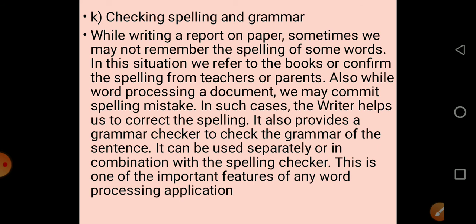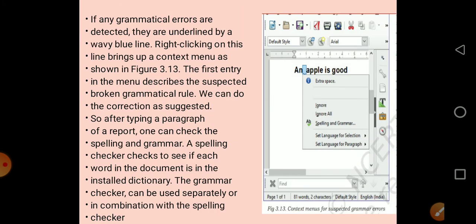While writing a report on paper, sometimes we may not remember the spelling of some words. We may commit some spelling mistakes. In such cases, the writer helps us to correct the spelling. It also provides a grammar checker to check the grammar of the sentence. It can be used separately or in combination with the spelling checker. If any grammatical errors are detected, they are underlined by a blue wavy line.